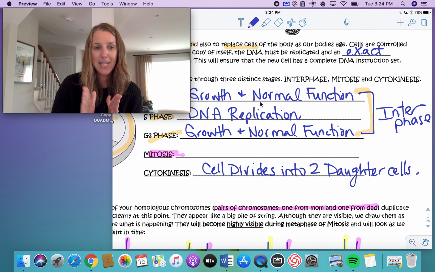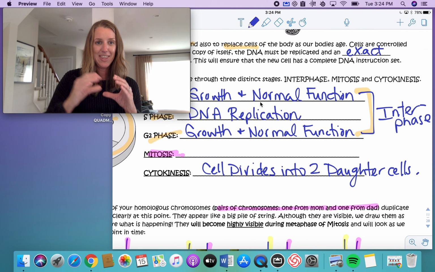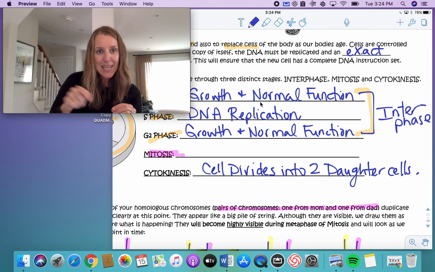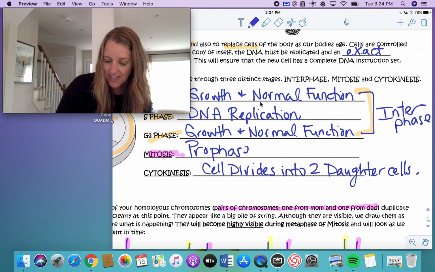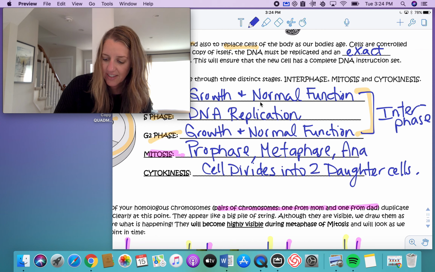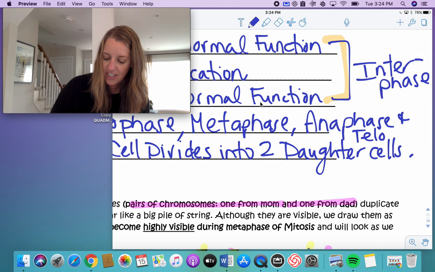Okay? IPMAT, where you had your interphase, and then the mitosis is the PMAT part of that. So I have something called prophase, metaphase, anaphase, and the last one here is called telophase.